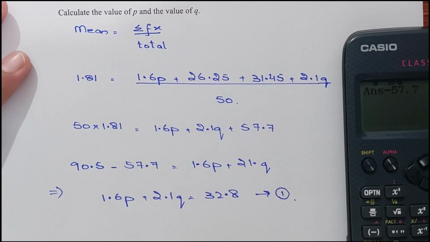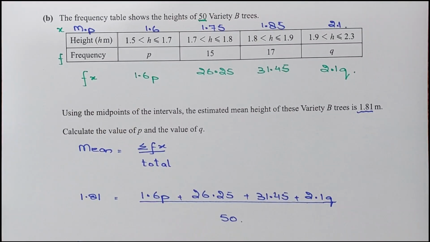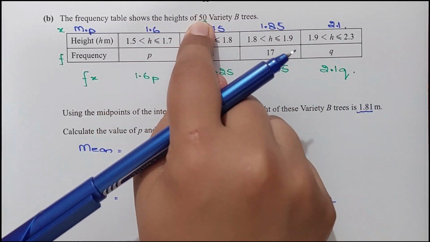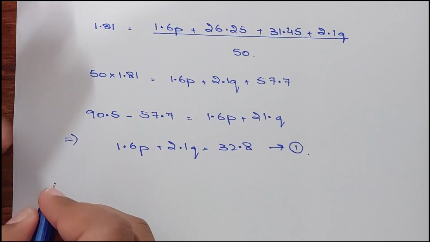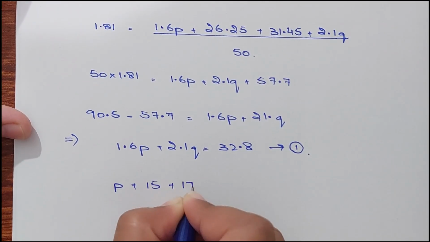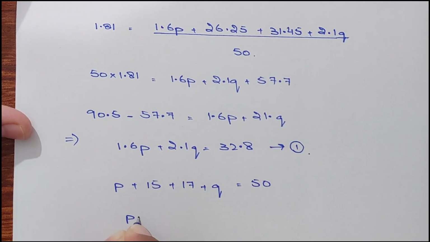Now we have two unknowns, p and q. It means we should have two equations. So the next equation we can make by using the frequency. We know that the sum of all frequencies should be equal to 50 because we have 50 variety B trees. So for the second equation, we can say p plus 15 plus 17 plus q should sum to 50. So what is p plus q?